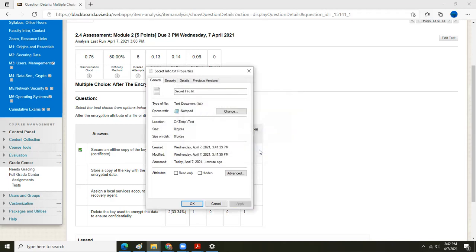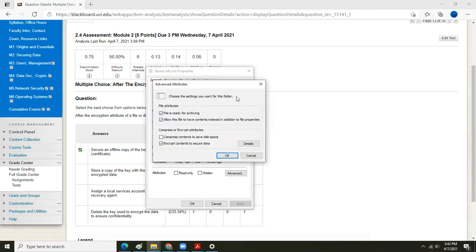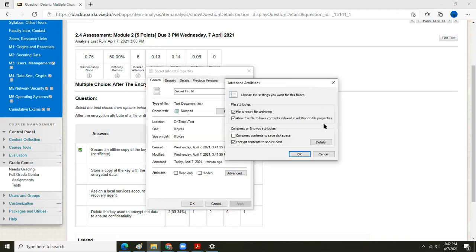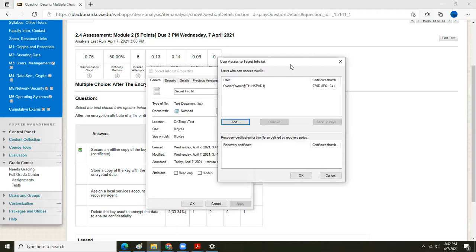So I say, okay. And the first time you do that on a system, it prompts you for something. Now, you don't see that here unless you go to details.